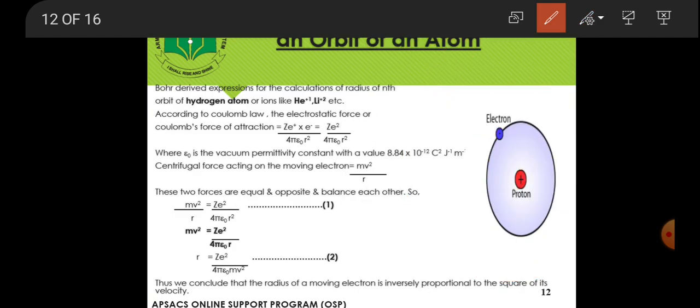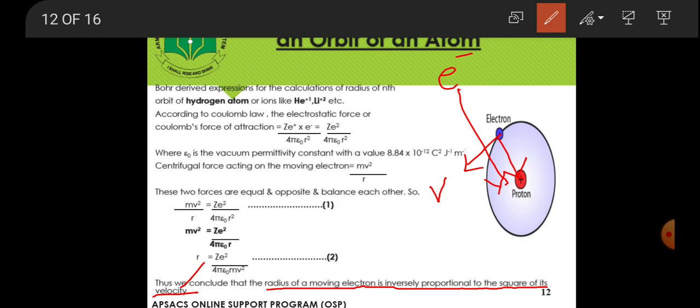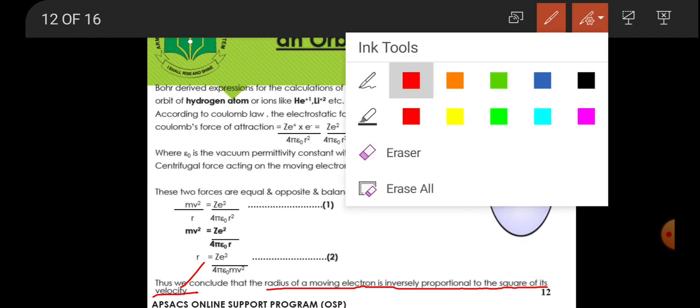So we can conclude that the radius of a moving electron is inversely proportional to the square of its velocity. When the value of r is small, then the electron moves with a greater velocity. When the value of r is large, then the electron moves with less velocity.